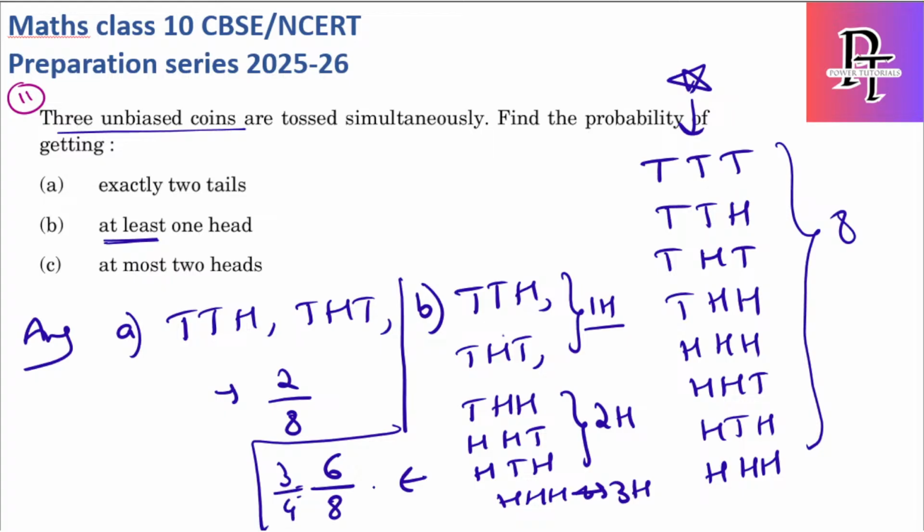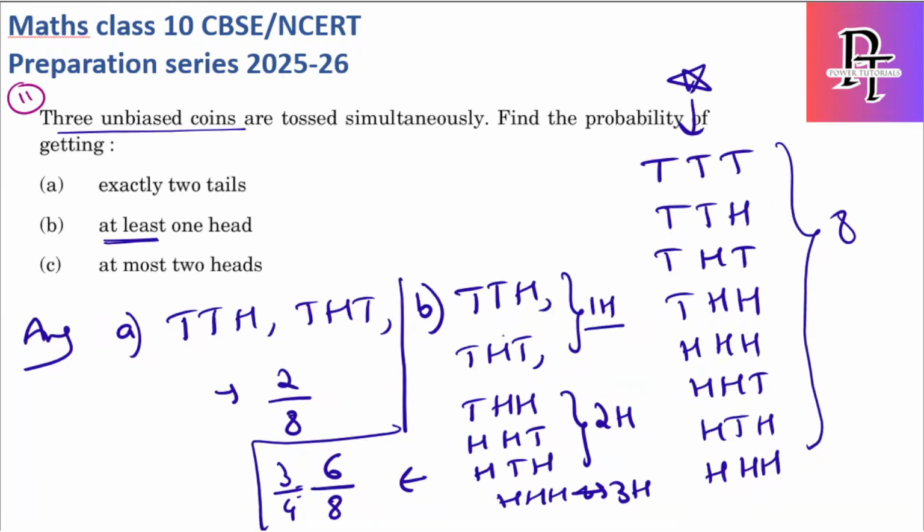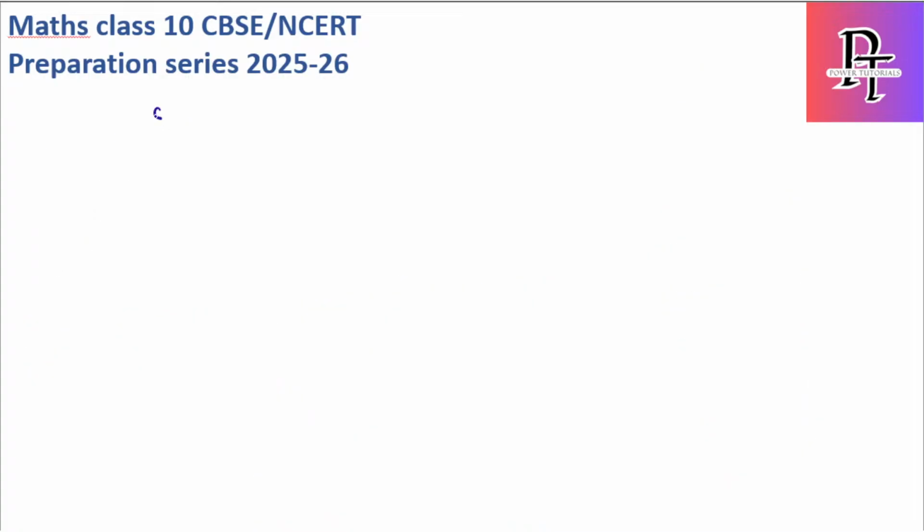Okay, and repeating the B part. Here they are asking at least 1 head. So you have to consider 1 head, you have to consider 2 heads, and also 3 heads. Okay, so C part I will do it again. In the C part they are saying at most 2 heads. At most means maximum it can have 2 heads, minimum 0. We have to consider 0 heads, 1 head, and 2 heads.